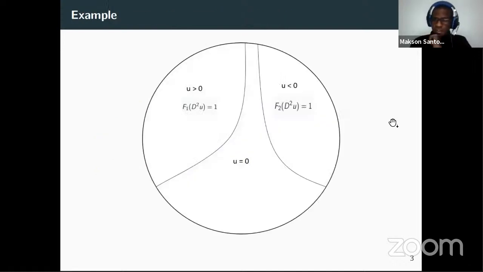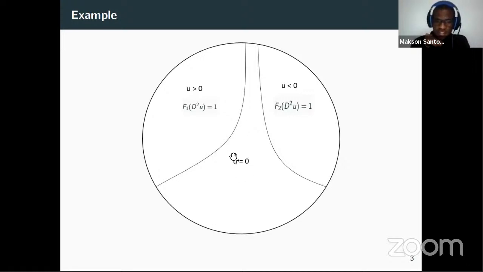Okay, then what you have is this picture, not so good a picture, but just to illustrate, this is the simplest case, right? In omega plus, we have an equation governed by F1. In omega minus, we have another equation governed by F2. Here we don't have an equation, U is 0.